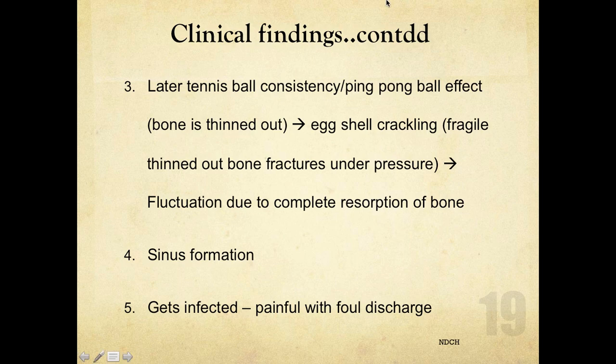This gives rise to an eggshell crackling effect. With complete resorption of the bone, you can elicit fluctuation. Sinus formation can sometimes follow after the resorption of the bone, or the cyst may get infected as it starts communicating with the oral cavity, and it becomes painful, emanating a foul discharge.